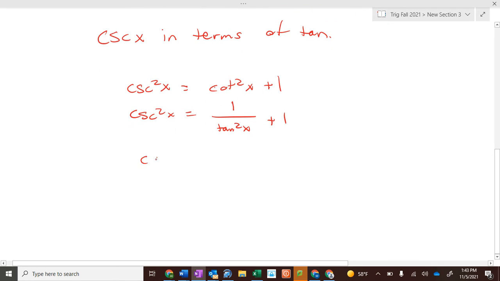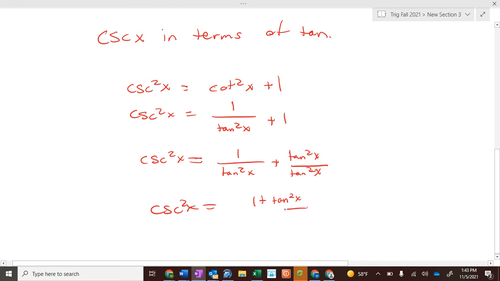Okay? So cosecant squared of x equals 1 over tangent squared of x plus tangent squared of x over tangent squared of x. So cosecant squared of x equals 1 plus tangent squared of x over tangent squared of x.